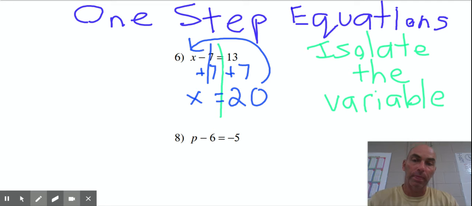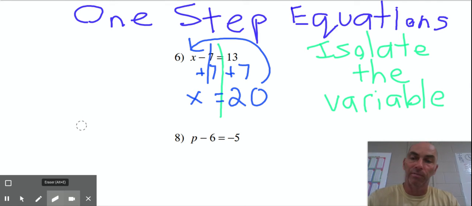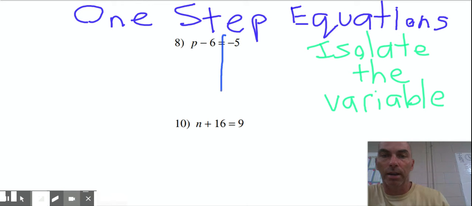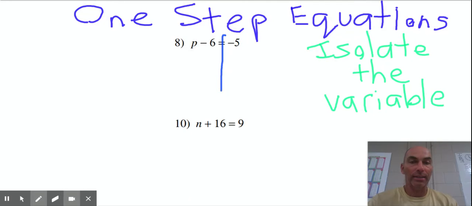Okay, let's go down to the example here. It's number 8. Next one. First thing I'm going to do is get my divider line right there. And I see p minus 6 equals negative 5. All right, so what do I need to isolate?